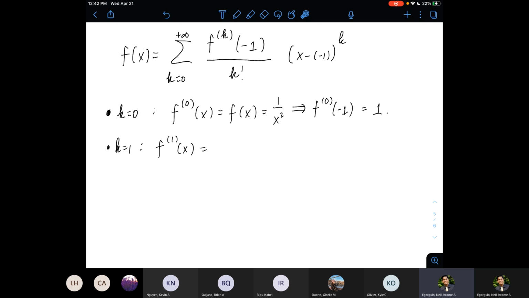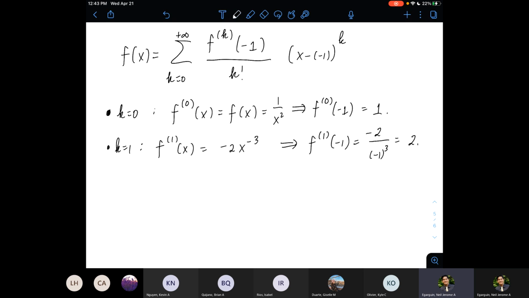Its derivative would be, this guy is x to the minus 2, so the derivative would be -2 times x to the minus 3, right? So that means the first derivative evaluated at -1 will just be -2 over (-1) cubed. So that would be +2.